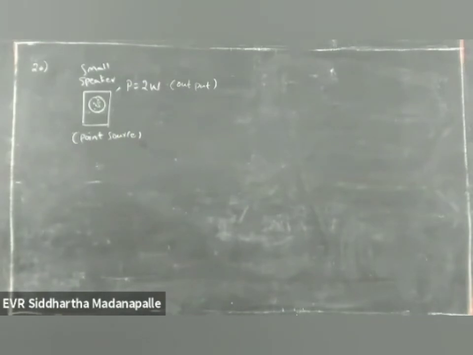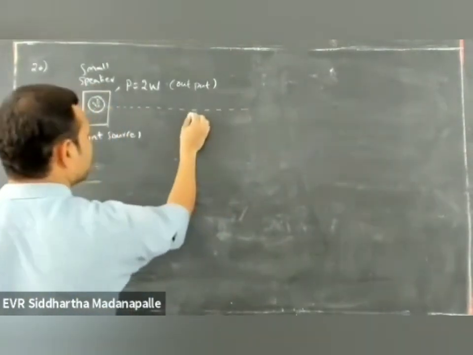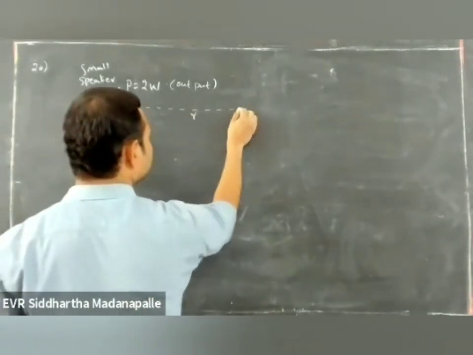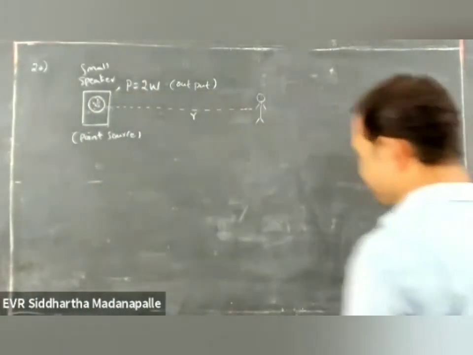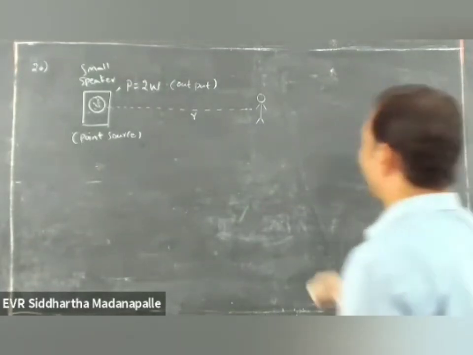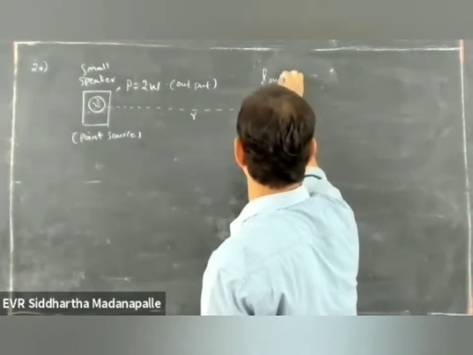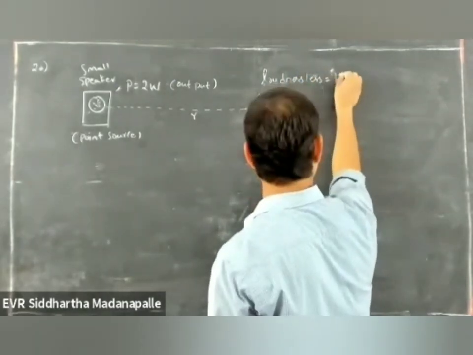At what distance from the speaker will one detect sound of 120 decibel intensity? Suppose we take a distance r, and a person is here. At this distance, the loudness level the person hears is equal to 120 decibel.